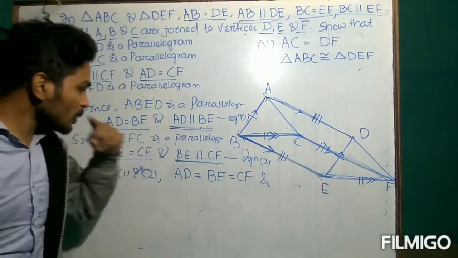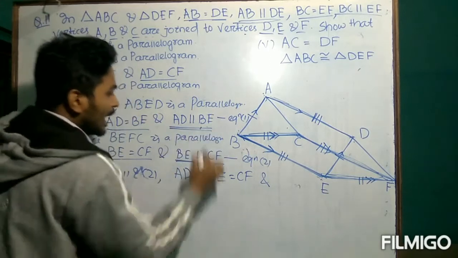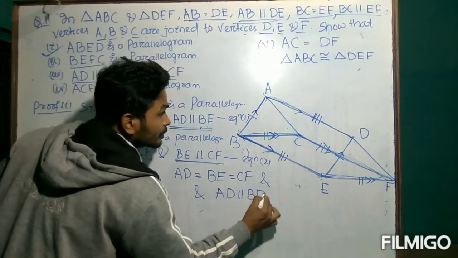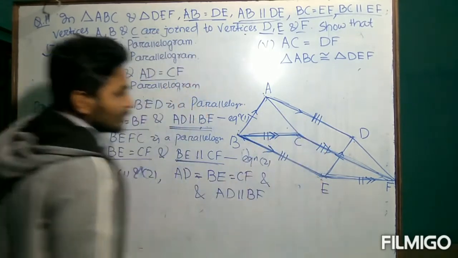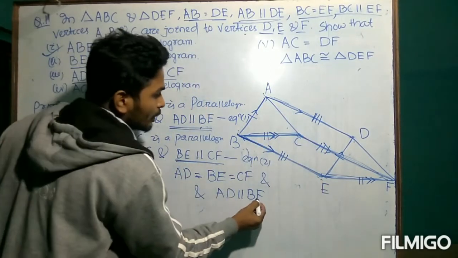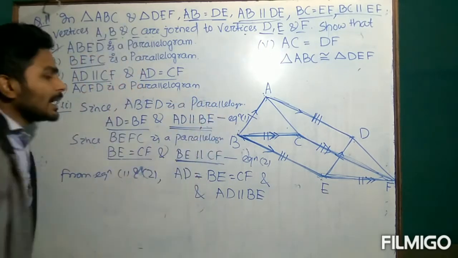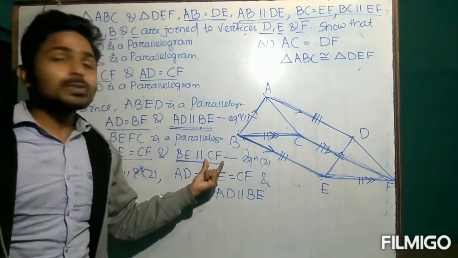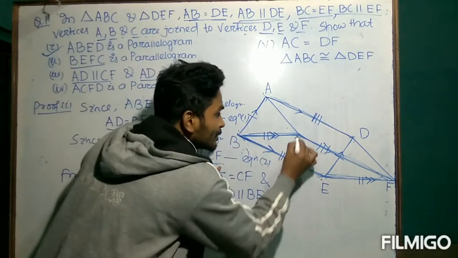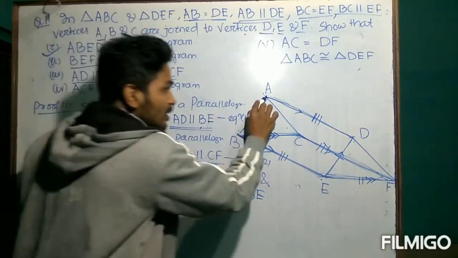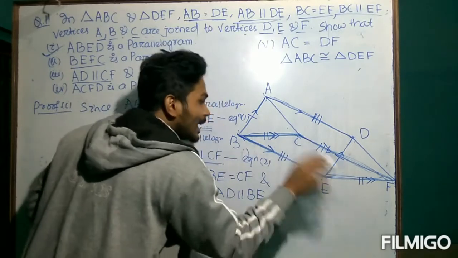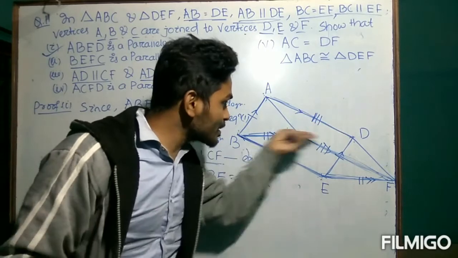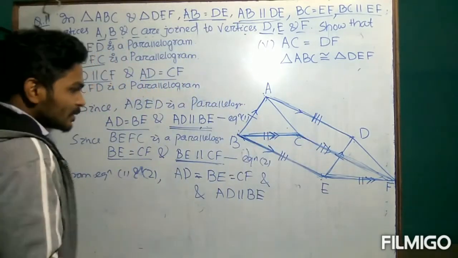Now consider the parallel relations. From equation 1 we have proved AD is parallel to BE. In equation number 2 we have proved BE is parallel to CF. First of all, this is parallel to this, and now this is parallel to this. It means this must be parallel to this. Yes or no?